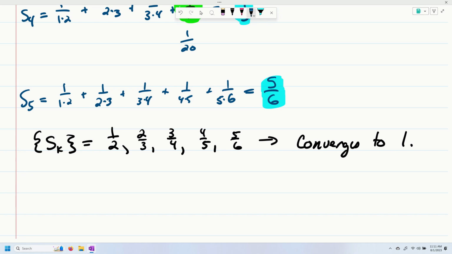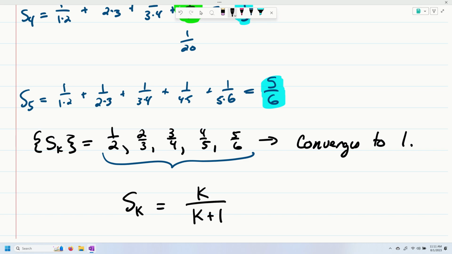The pattern that we end up getting, we can define the sequence of our kth partial sum to be k over k plus 1, where k is greater than or equal to 1.